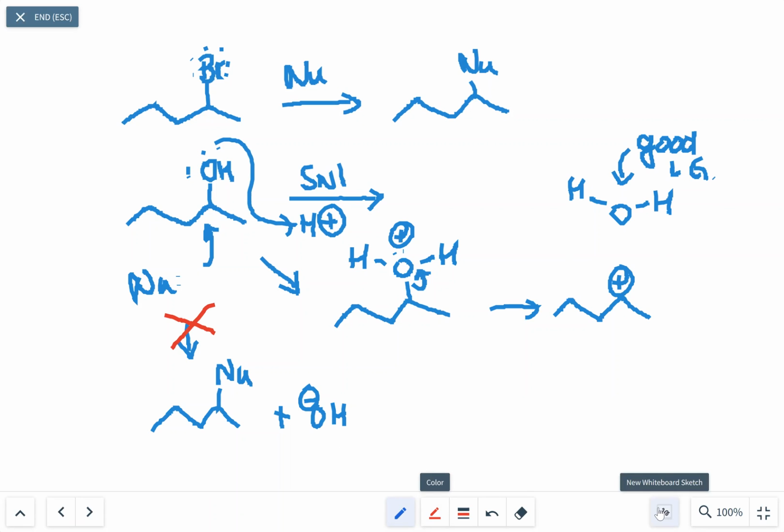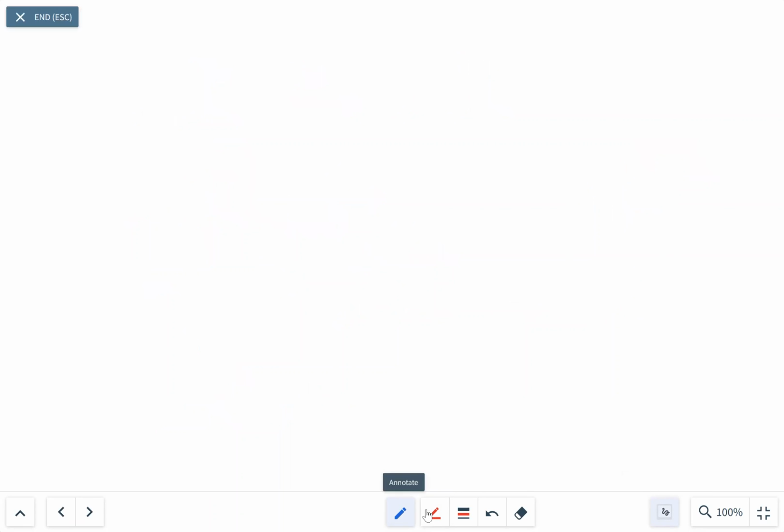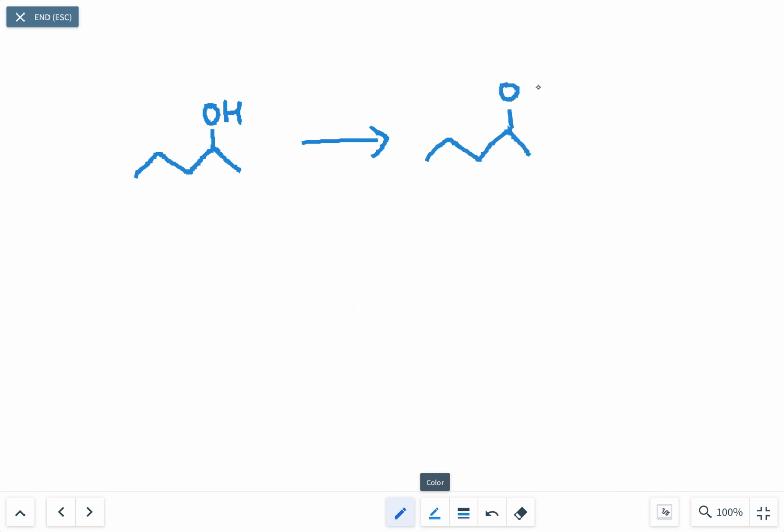But what you can do is you can convert an alcohol into something that is a good leaving group, which would be one of these sulfonates.